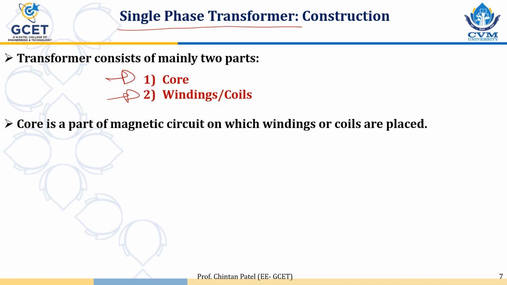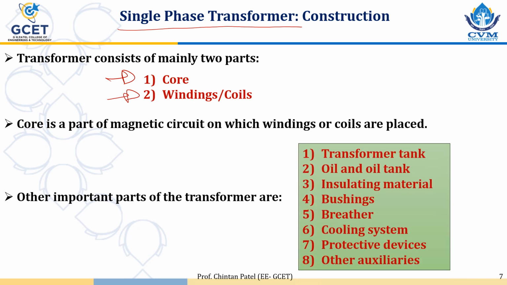In short, the core is a component of the transformer which is used to provide support to the coils or windings. Some other important parts of the transformer are the transformer tank, oil and oil tank, insulating materials, bushings, breather, cooling system, protective devices, and some other auxiliary equipment.